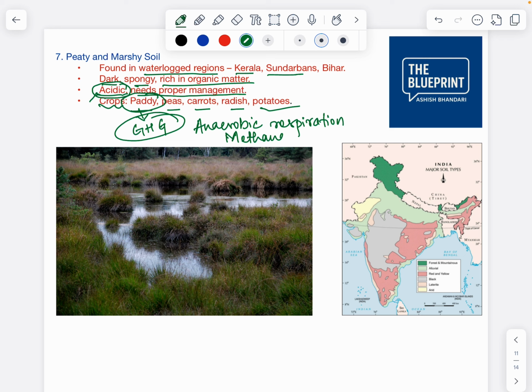You have to connect the chapters, the topics with one another. Now I am talking here about the soil, but I am also discussing global greenhouse gases. I am also talking about anaerobic respiration, methane. So you have to interlink the topics whenever you are studying for UPSC or any other competitive exam, right?